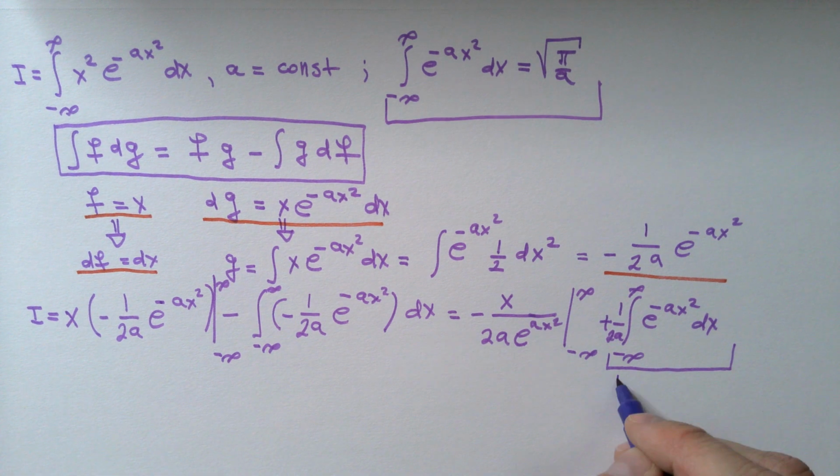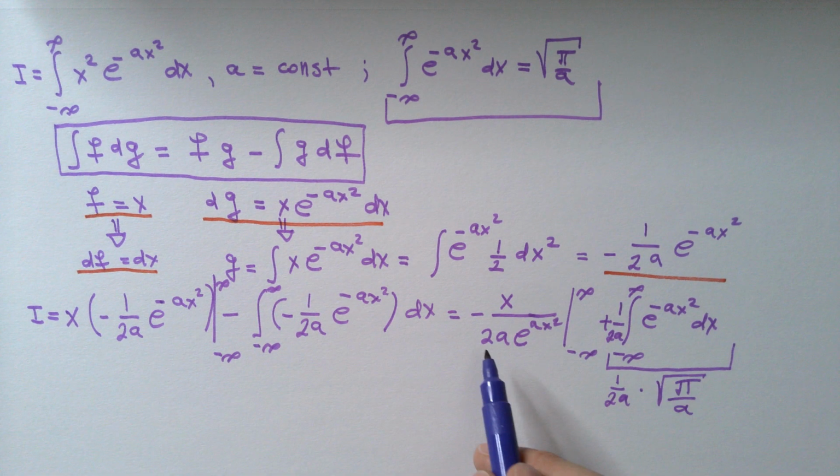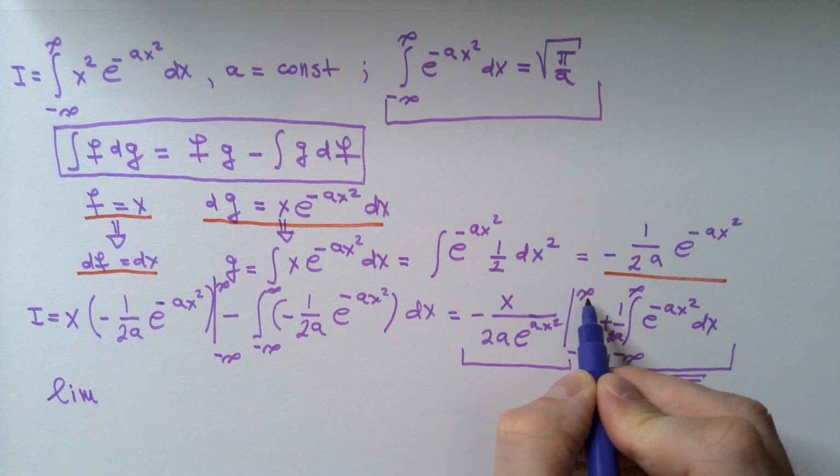It's Gaussian integral. So the solution of this integral is 1 over 2a, which is this constant, times square root pi over a. The only thing is to evaluate this limit over here, and let us do it.